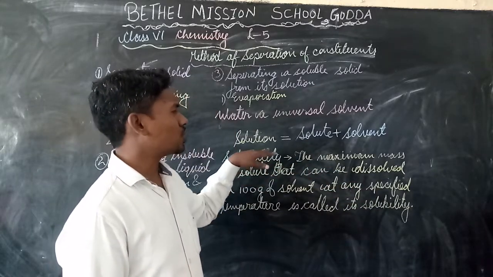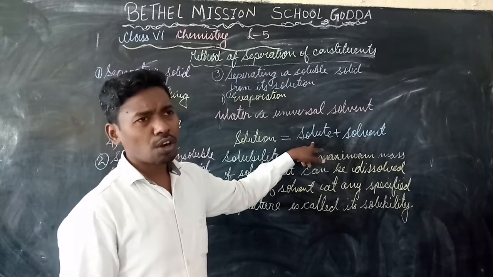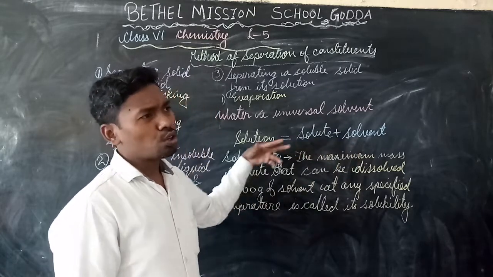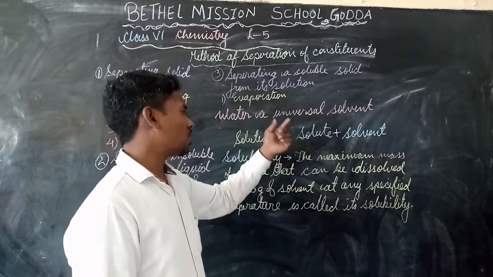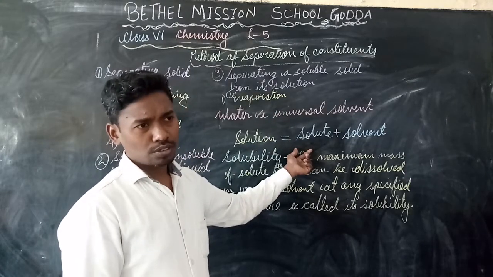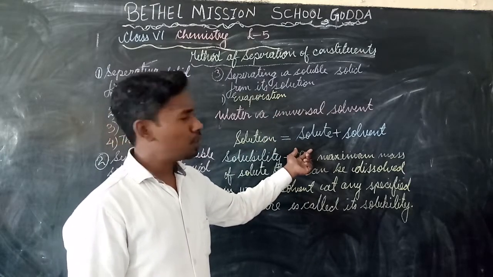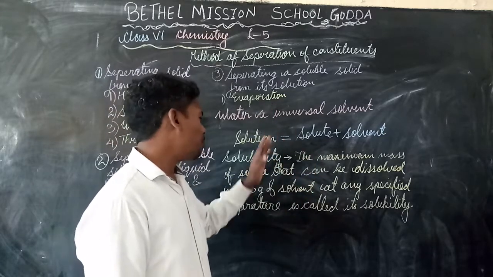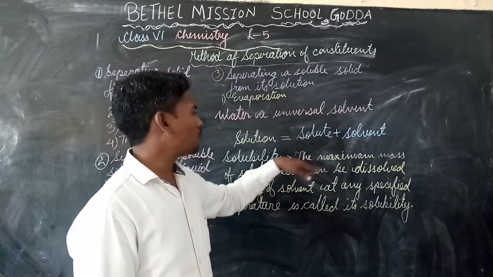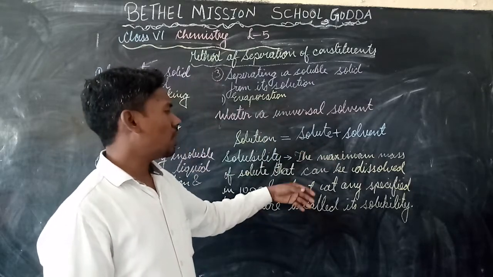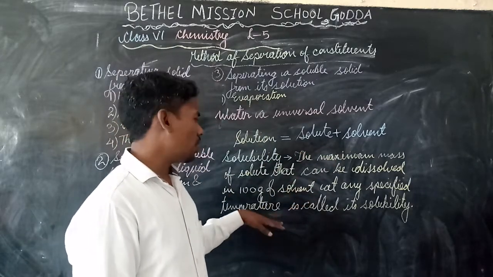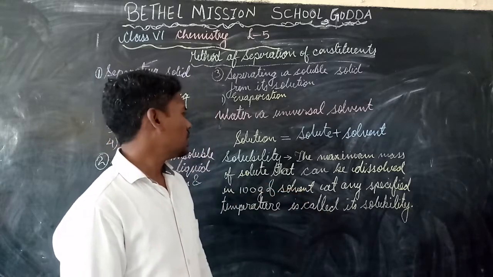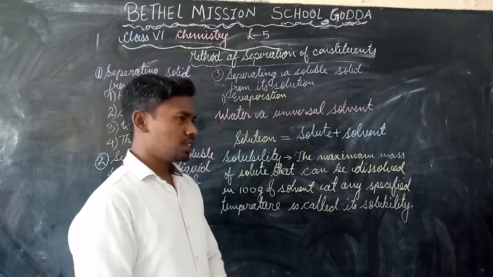Solubility is the characteristic of the solute. So it is the maximum mass of the solute that can be dissolved in a particular solvent at a specified temperature. This is called solubility.